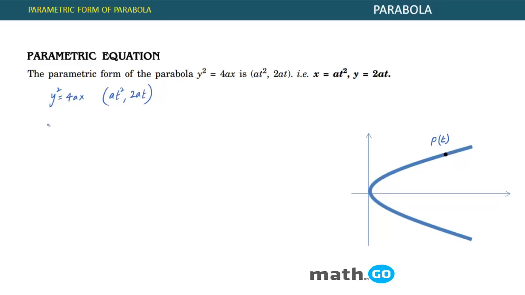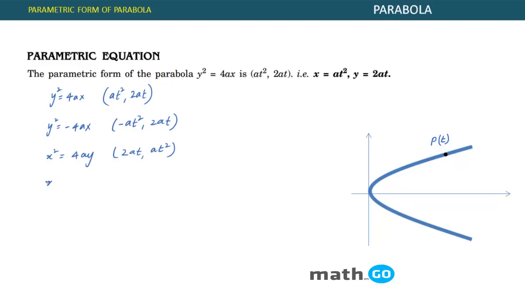So for example, if I have to take y square equal to minus 4ax, what will be the parametric point? Now you are getting it. It will be just put a negative sign here, right? Minus at square comma 2at. If I have to do x square equal to 4ay, what will be the parametric coordinate? Yes, as we did earlier, just swap these two. So this will become 2at comma at square.